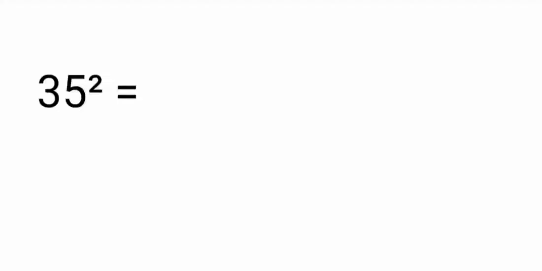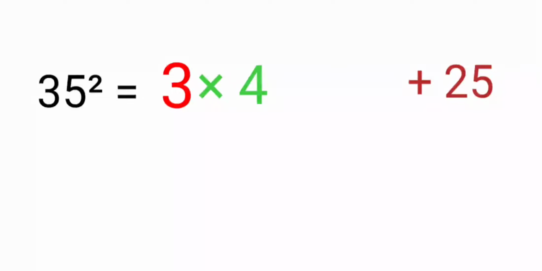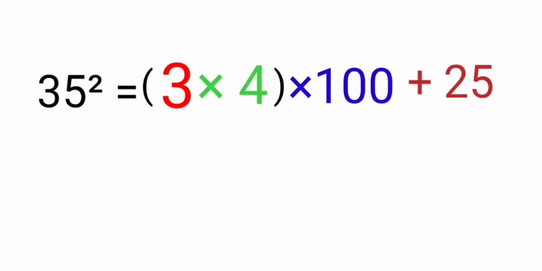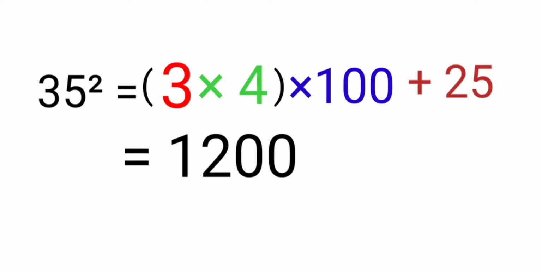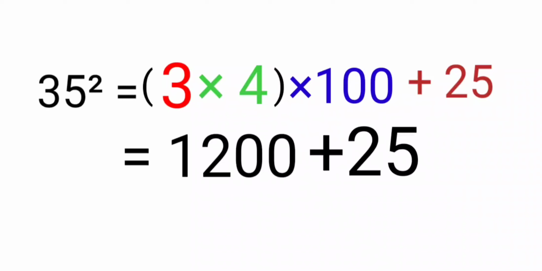Similarly, take another example, 35 square. Here the unit digit is 5, so we write plus 25 on the rightmost side. Then the first digit is 3 and the next number after 3 is 4, so 3 into 4, then 100. This is the pattern. So 3 into 4 is 12, and 12 into 100 is 1200, plus 25.